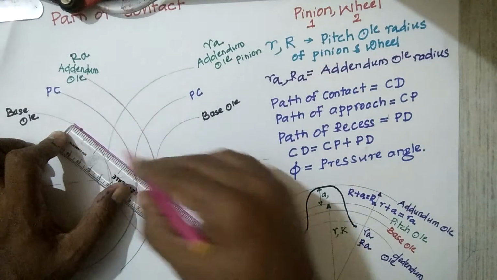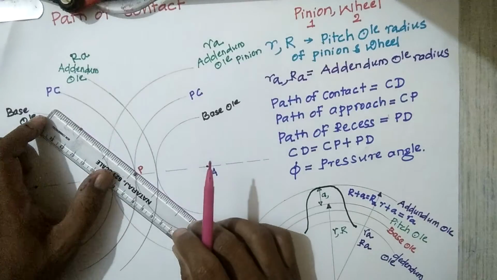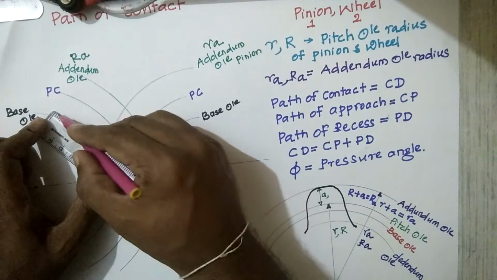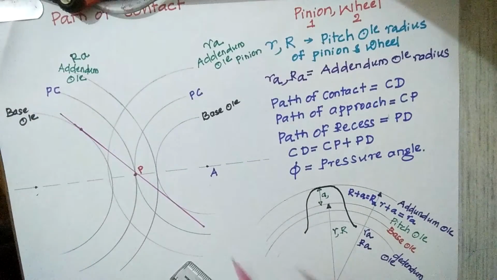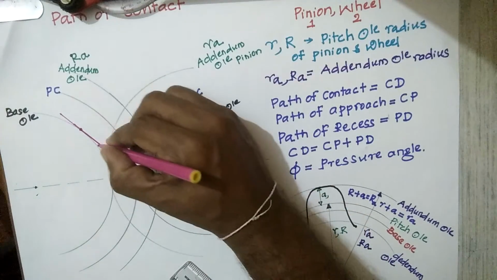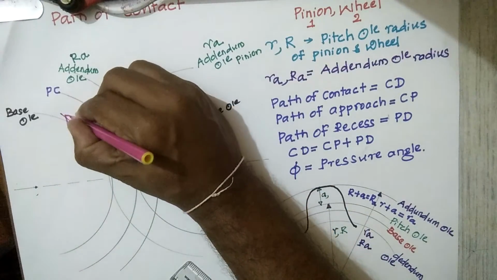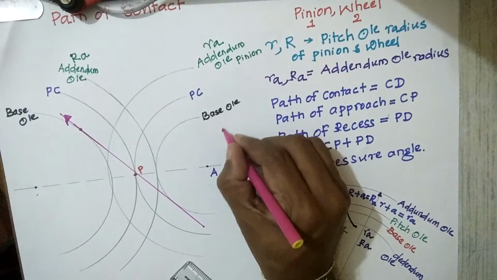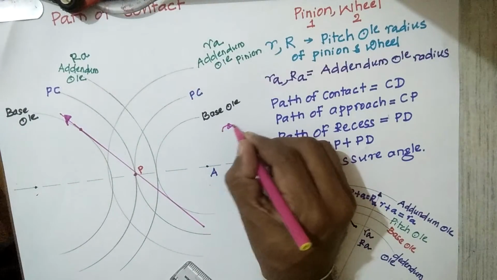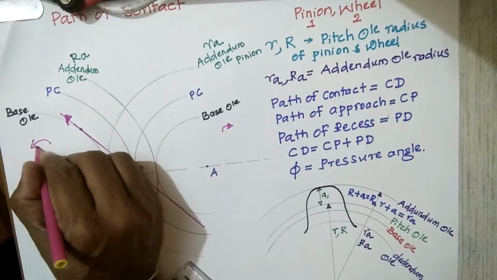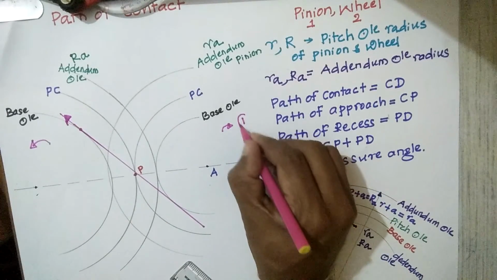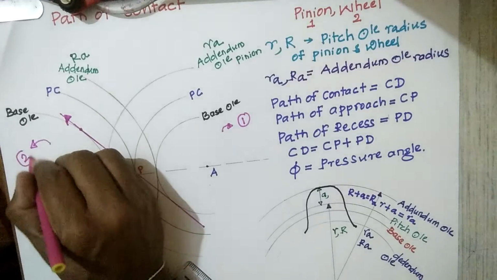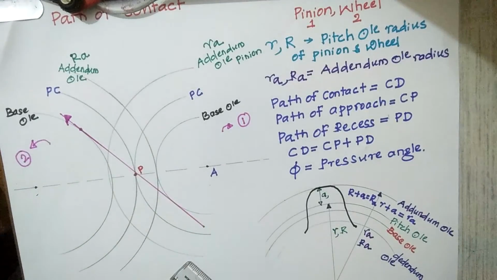This is nothing but a line of action also. Line of action means the force exerted on the other gear. The driver is the pinion, so the force is exerted in this direction. This is one direction, and this is the other direction. I will take this as 1 and this as 2. I hope that you got it.